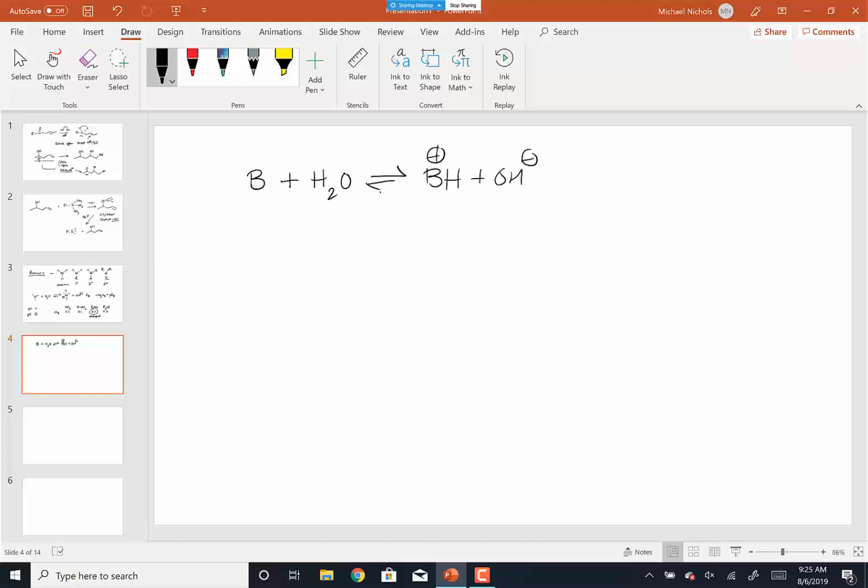Shift the equilibrium to the right. So I want to shift the equilibrium to the right. Give me some strategies that I can use to do that. Again, going back to the fundamentals. We always start with Le Chatelier, and Le Chatelier just doesn't work in this case.